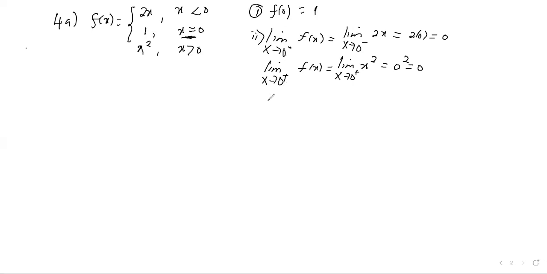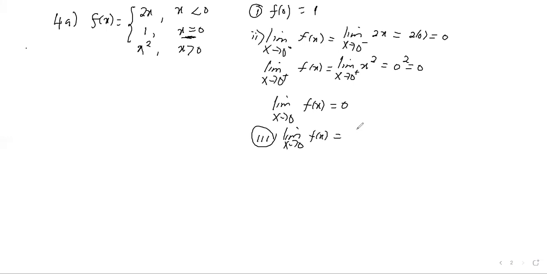Now, what it means is that if the two side limits are equal, then we have actually found the limit as x approaches 0 of the function f to be equal to 0. The third part is the one that checks if there's continuity or not. Because now we are going to compare the limit as x goes to 0 of f of x.